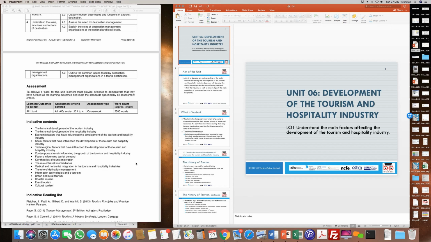Then we look at understanding a bit of technological, social, and economic factors, how they affect this particular industry. And then towards the end, in learning outcome 1, we understand the contemporary factors.